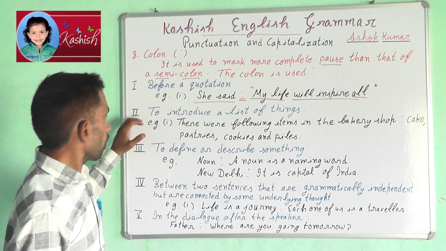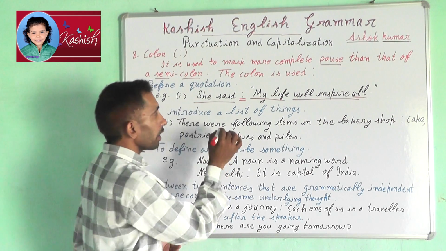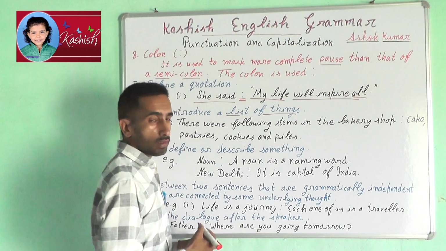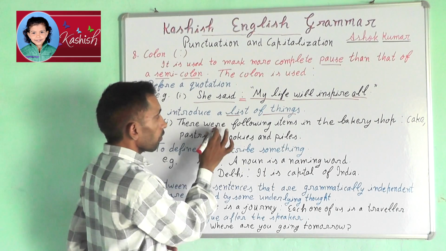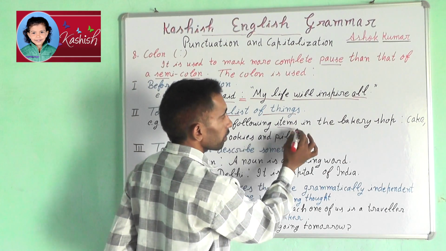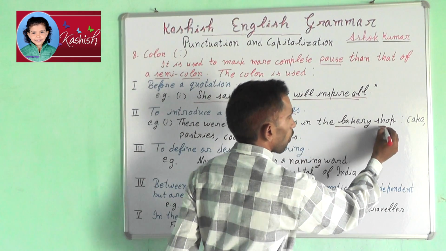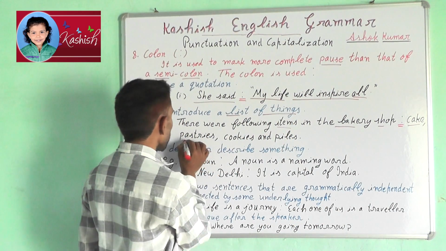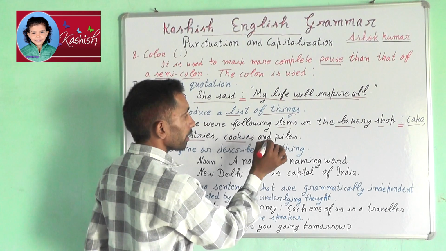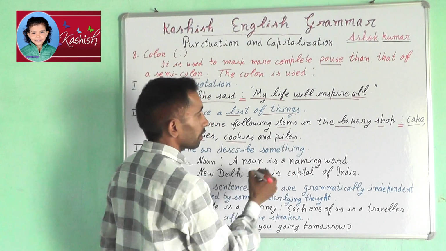Second, to introduce a list of things. For example, there were the following items in the bakery shop: cake, pastries, cookies, and pies.